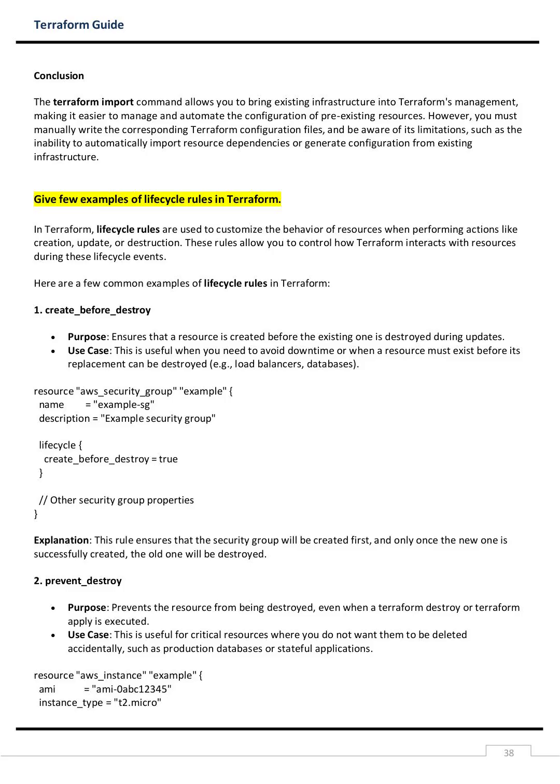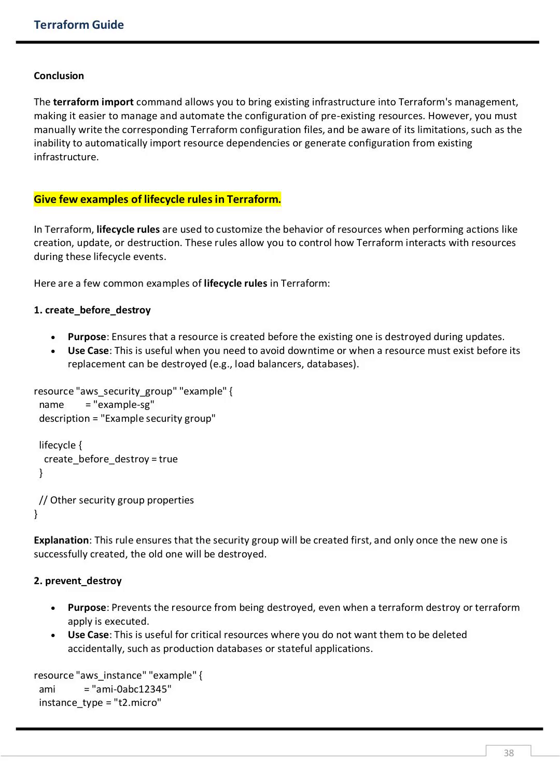1. Create before destroy. Purpose: ensures that a resource is created before the existing one is destroyed during updates. Use case: this is useful when you need to avoid downtime, or when a resource must exist before its replacement can be destroyed, for example, load balancers, databases.